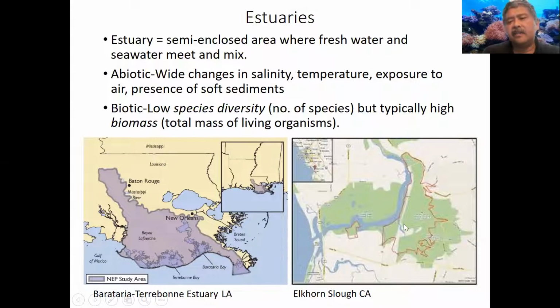And I used to live very close to an estuary. When I was growing up, I grew up in Salinas, California. That's about where those words are right there in this small inset picture. But that red point there is Elkhorn Slough in Central California, just off of Monterey Bay.